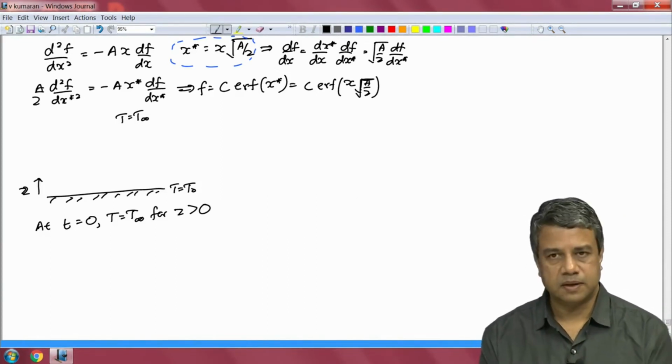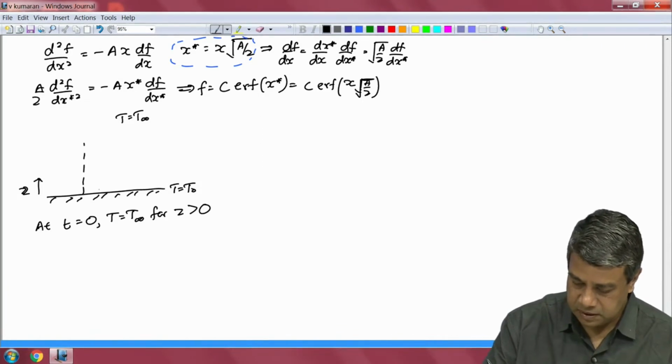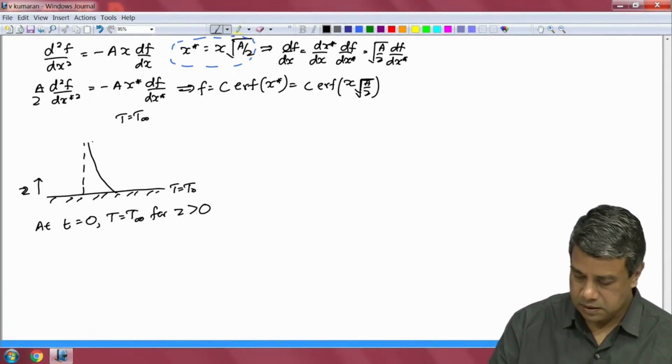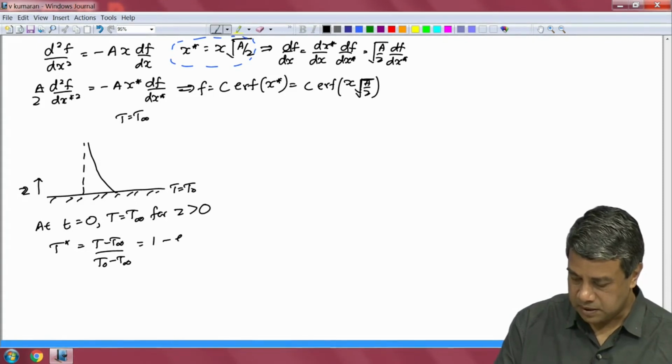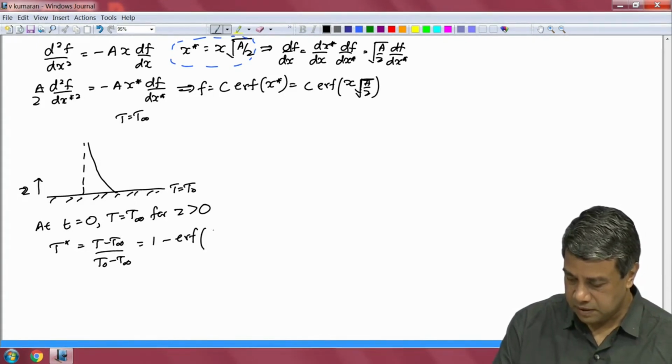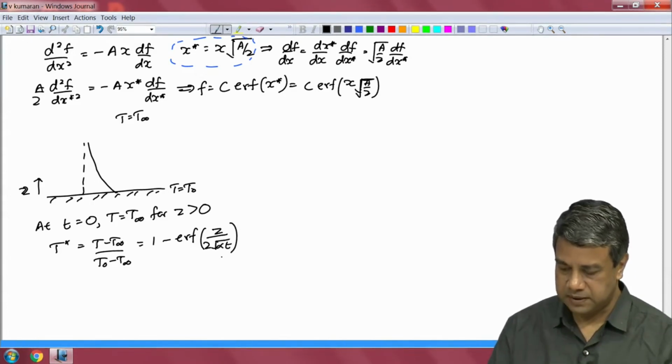That was the problem that we had solved, and we had got this temperature profile. T star is equal to T minus T infinity by T naught minus T infinity, equal to 1 minus error function of z by 2 root alpha t.